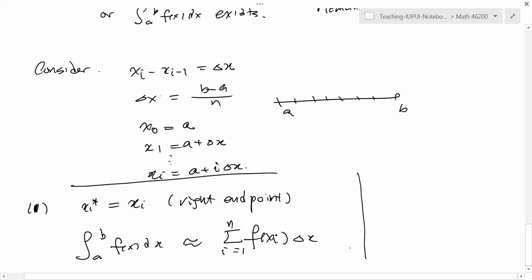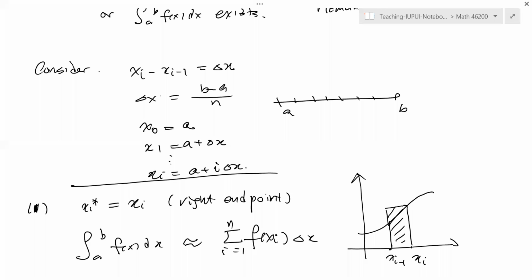If the graph is increasing and you use this point x_i, you add the areas of these rectangles together.